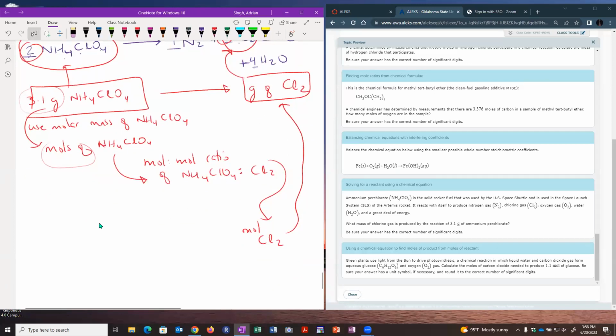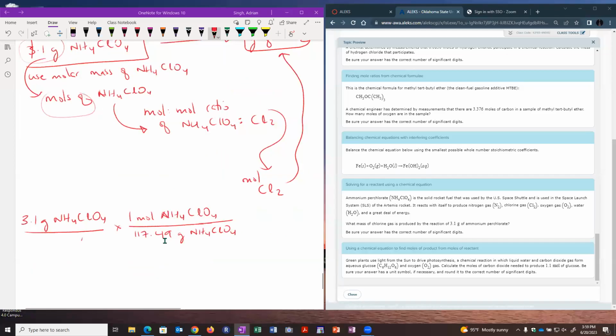So let's say we have now our 3.1 grams of NH4ClO4. My molar mass, okay, we're going to determine that every 1 mole of ammonium perchlorate, we add up the 4 oxygens, the chlorine, the 4 H's, and the 1 nitrogen, and we get our molar mass. All right, so that gives 117.49 grams.